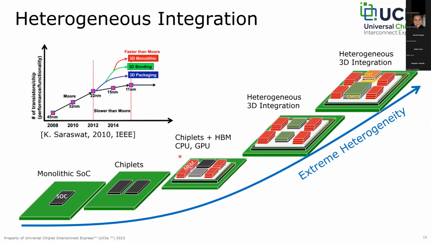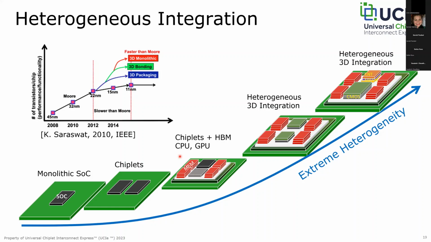As CMOS technology scaling is slowing down, heterogeneous package level integration is increasing. And we have a chart here on this slide that shows that we have been using monolithic chips for a long time. Unfortunately, they are limited to the reticle size, which is a little bit over 800 millimeters square.